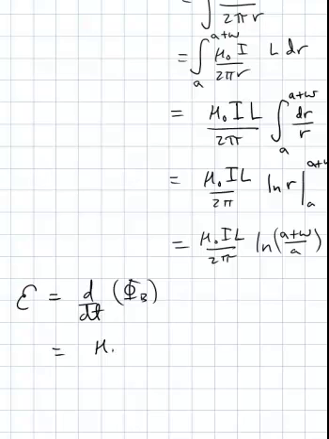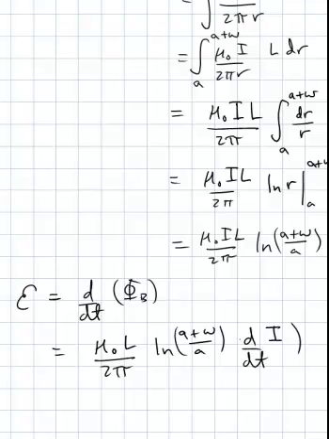The mu naught is not a function of time. L is not a function of time. 2 pi is not a function of time. A's and W's are not functions of time. They're constant. So the only thing that's a function of time is the current. So I have to take the derivative of the current with respect to time.